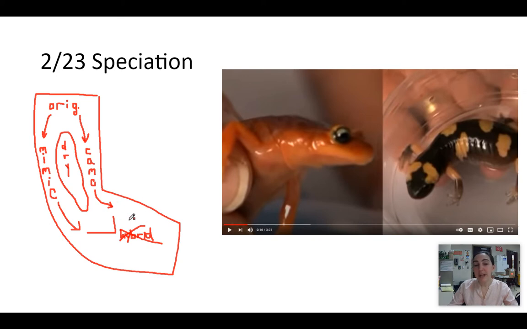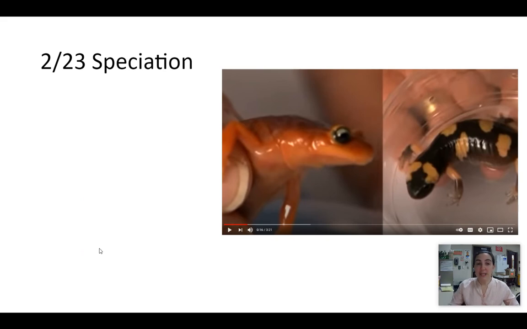So these two have become separate groups that look significantly different and have different adaptations to their environments. They're probably not quite different species yet, but they're definitely on the way, because they're separated and they're going to stay separated in terms of reproduction and mixing their genes.